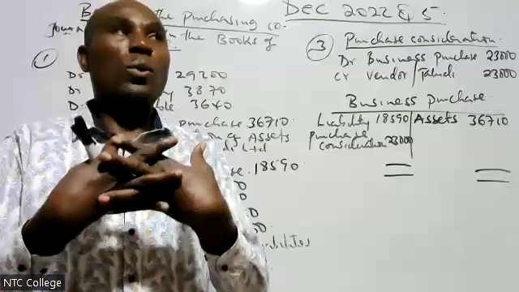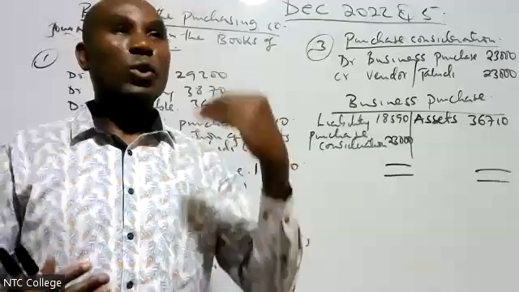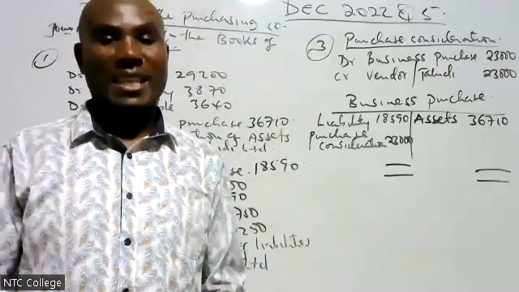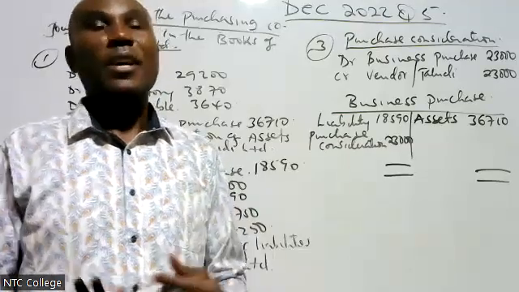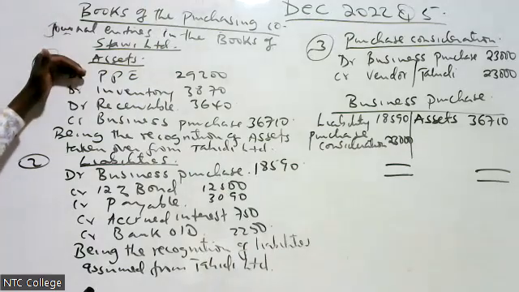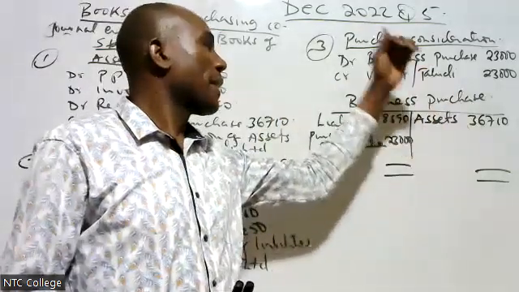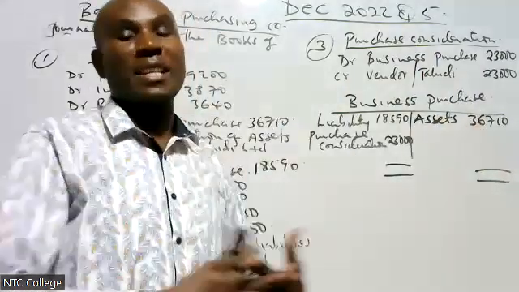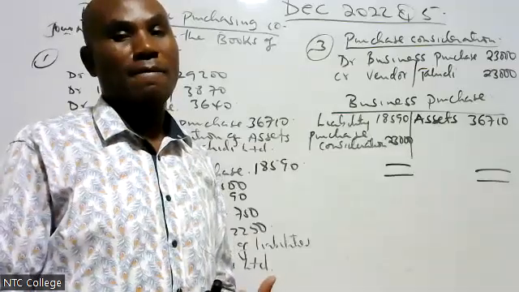Now, when you have your money capital and you purchase an asset, you debit the asset account, then you credit your capital account as you have invested this money. Are we together at that point?